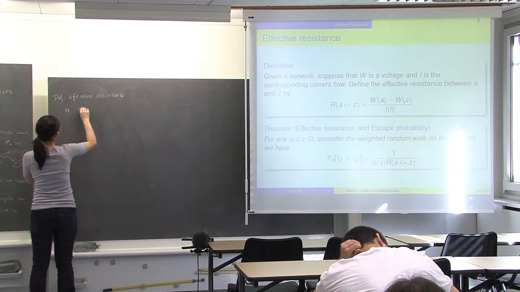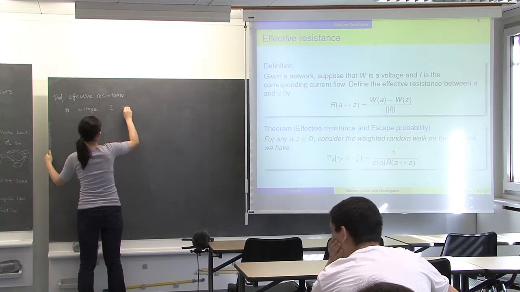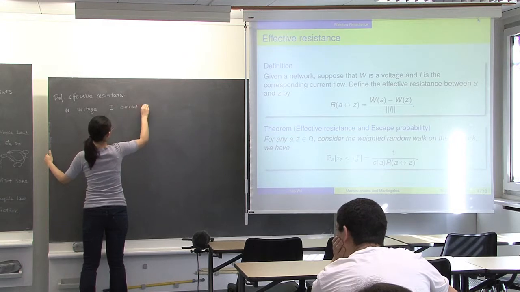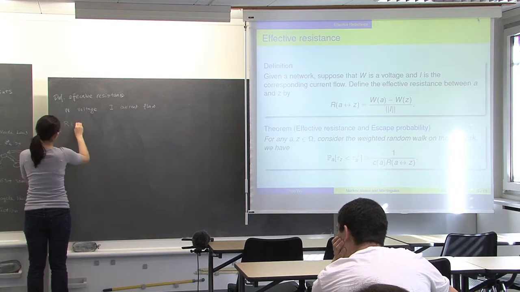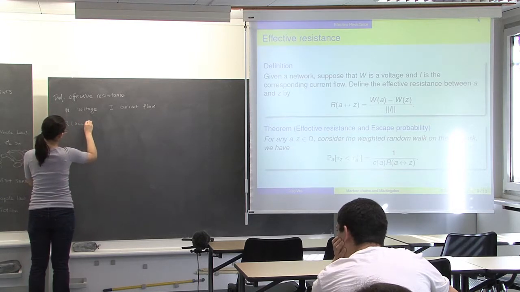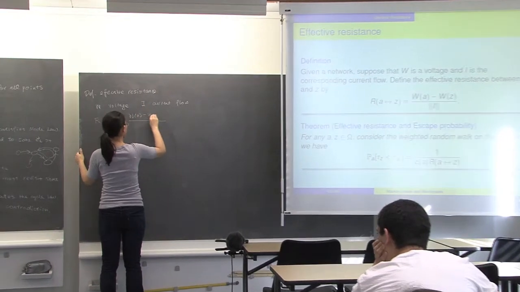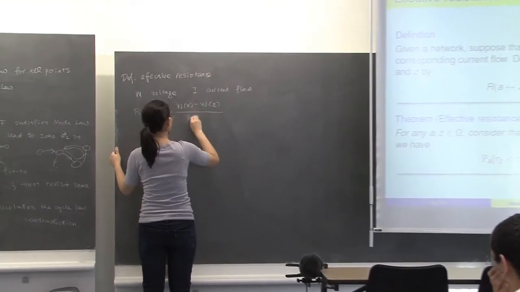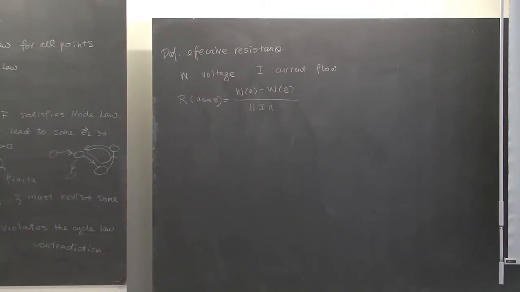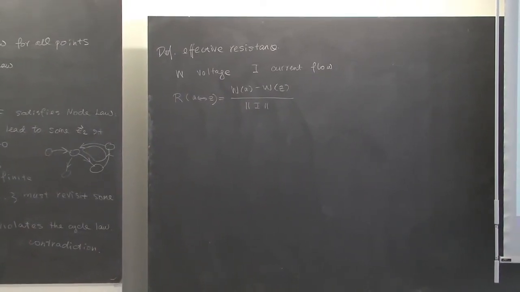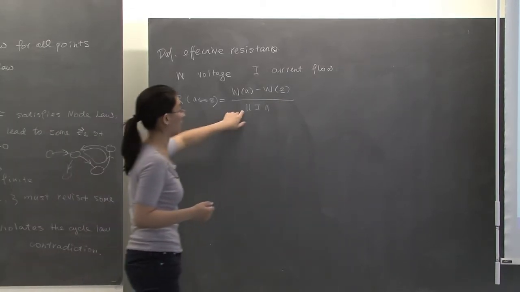Suppose W is a voltage, and I is the corresponding current flow. Then we define the effective resistance as the difference of the voltage at the source and the sink, normalized by the strength of the current flow.